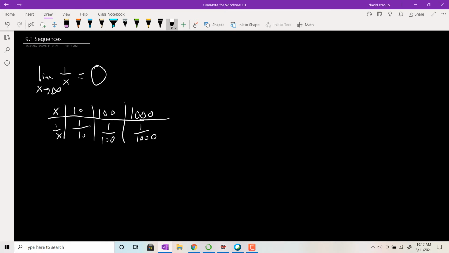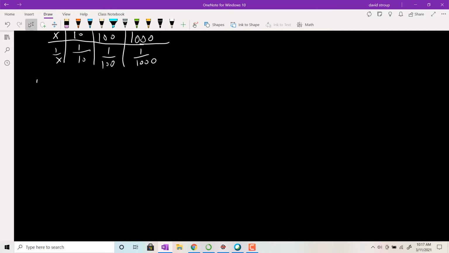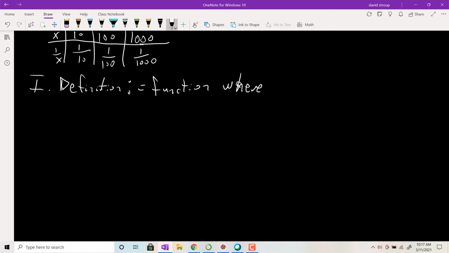We'll see there's another strict definition of a limit coming up. So let's dive in and take a look. Section 1 will begin with the definition of a sequence. Basically it's a function where your domain, instead of being all real numbers, is some subset of the integers.